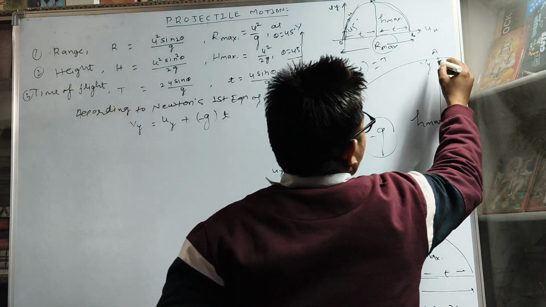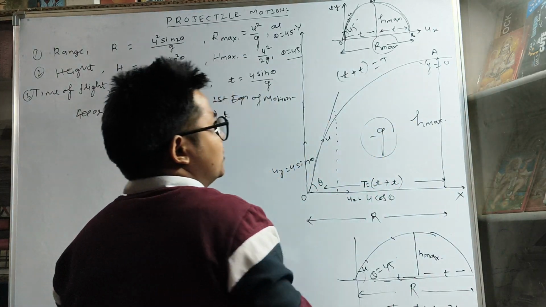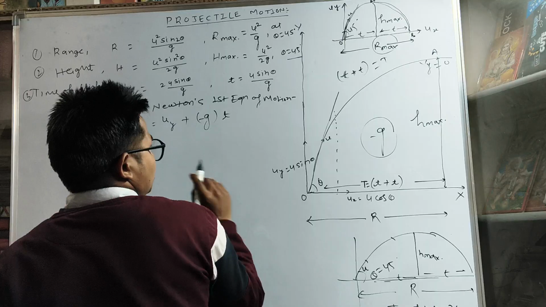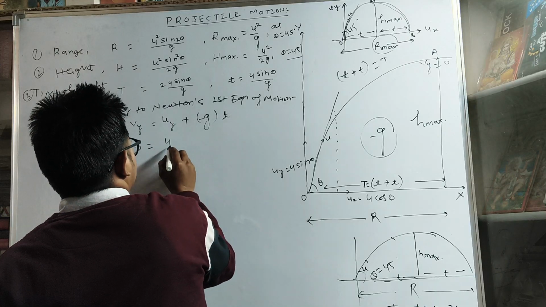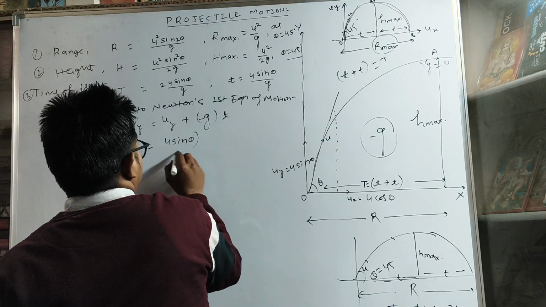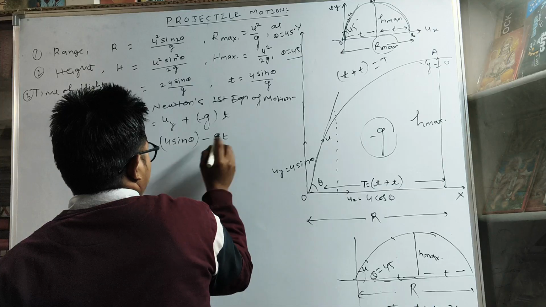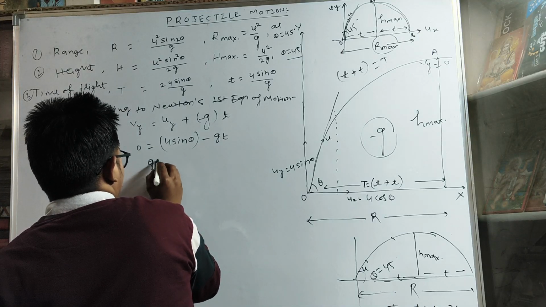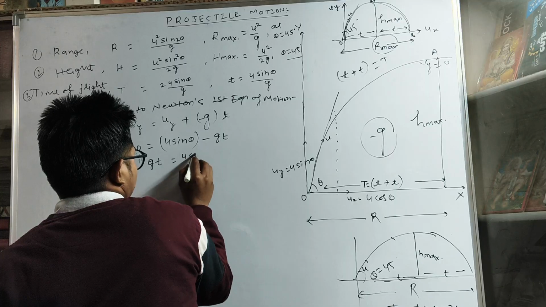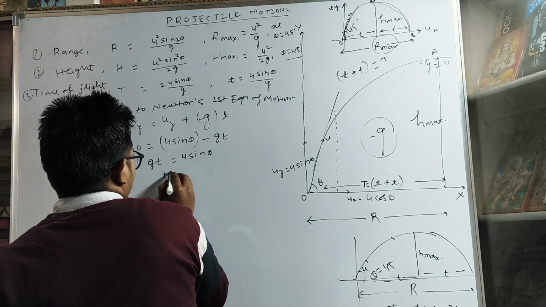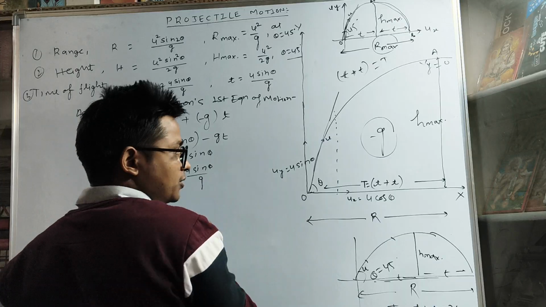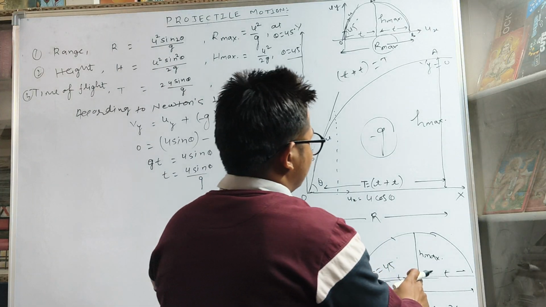Vy equal to 0 because at this point the velocity of the object becomes 0. So Vy equal to 0, and Uy equal to u sin theta, minus gt. If you transpose this term, gt equal to u sin theta, then small t equals u sin theta by g. This is half of the time of flight.